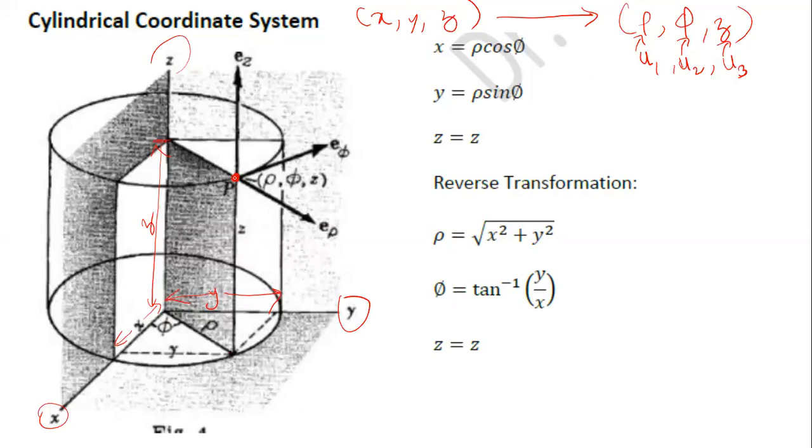Here I'm going to categorize this cylindrical coordinate system as an orthogonal curvilinear coordinate system. We will see how it becomes an orthogonal curvilinear coordinate system. All right.